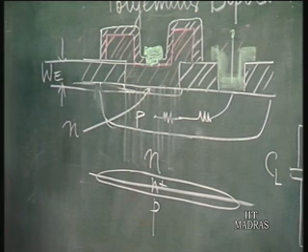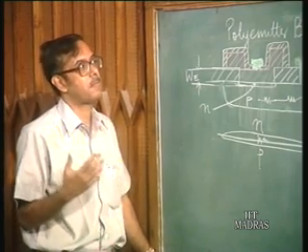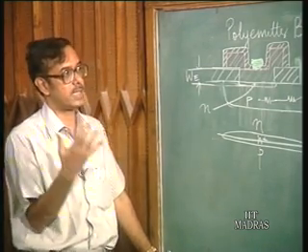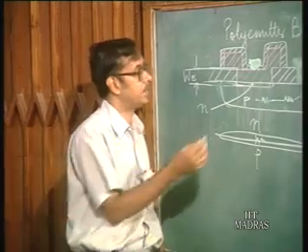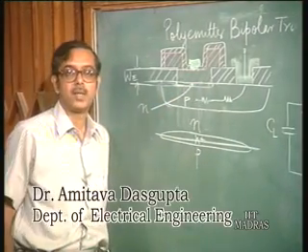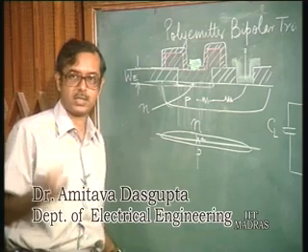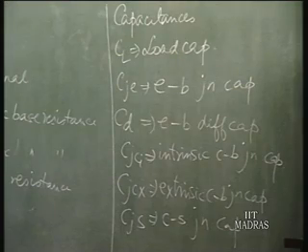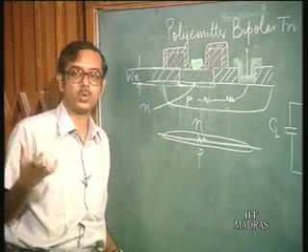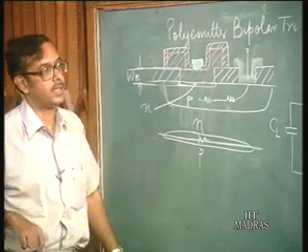If you look at the capacitances, one is the load capacitance, the external capacitance. For the emitter base junction you have two types of capacitance, one is the junction capacitance and the other is the diffusion capacitance. One is due to the depletion layer region, and the other is due to the stored charge.